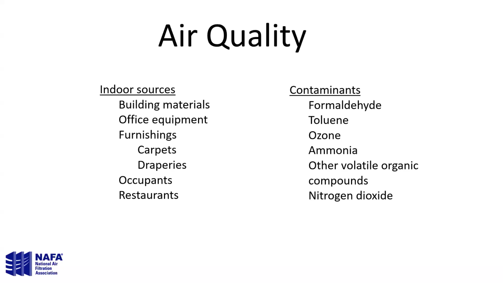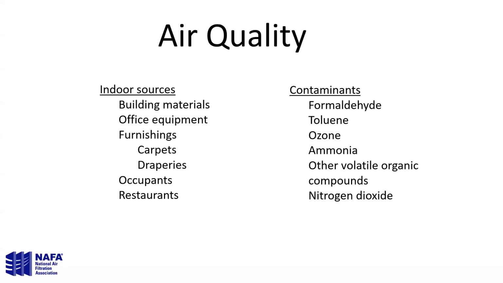These aren't even close to the number, but formaldehyde, toluene, ozone, ammonia. I mean, think of the cleaning compounds that you might use. There are a lot of indoor contaminants. And when we, years ago, decided to close up our buildings, it became more and more obvious. They are beginning to make building materials that don't off-gas, but that's few and far between.